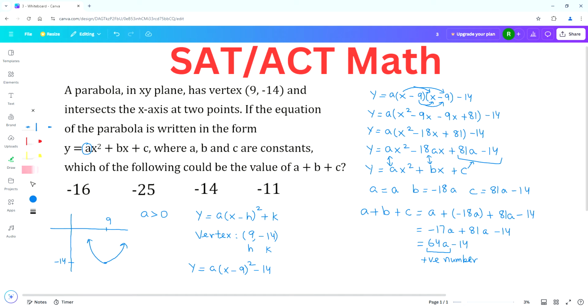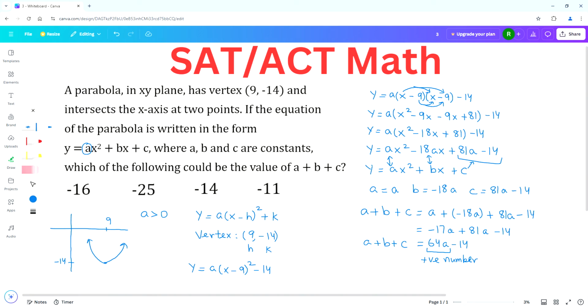This positive number can be equal to 14, can be greater than 14, or less than 14. So we should analyze three possible scenarios for the value of 64a. We know that the value of the term 64a should be a positive number.